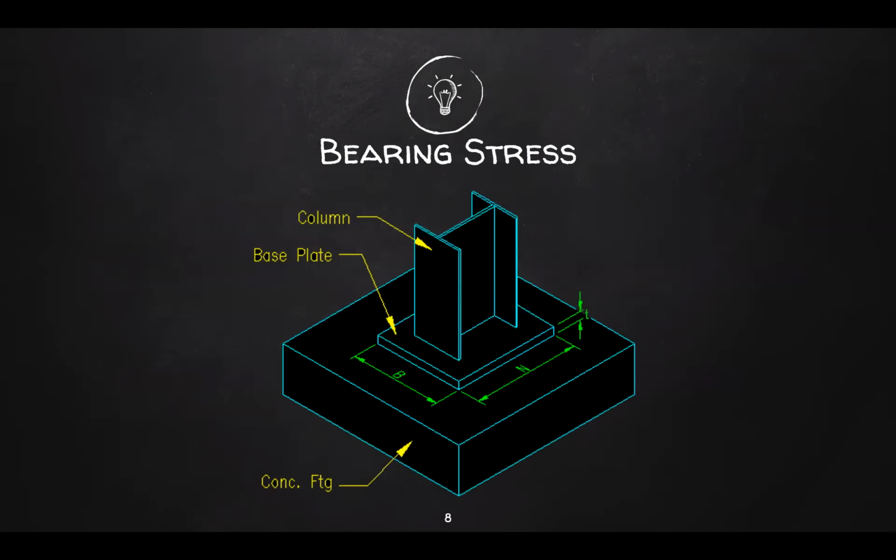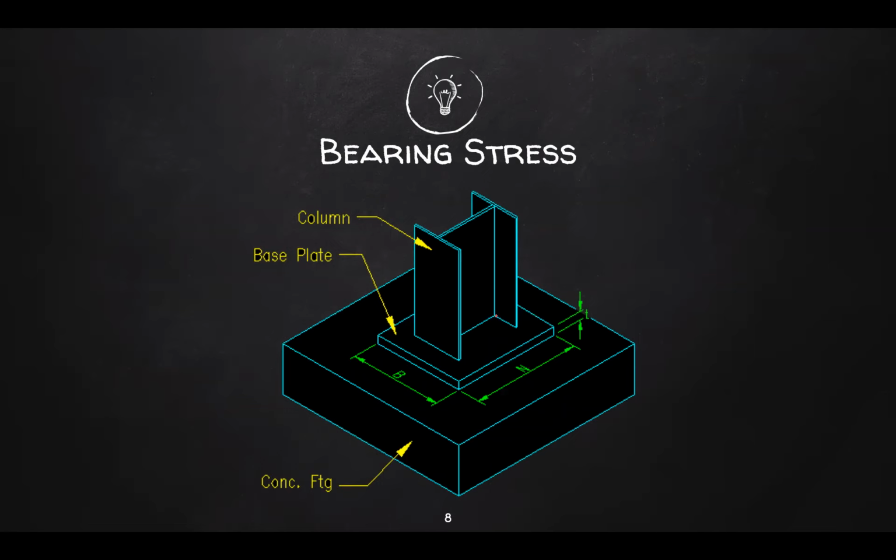So here's an example. We have your steel column. We have a base plate, also known as your bearing plate, and we have a concrete footing. This base plate distributes the force carried by the column towards your footing. That's basic design of footing. Now, if we remove this base plate, imagine what will happen.